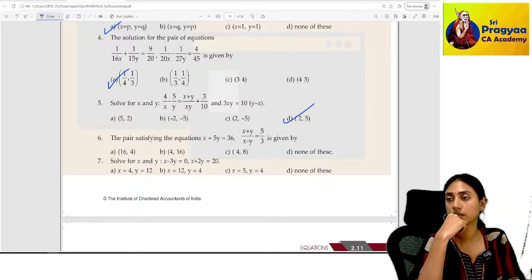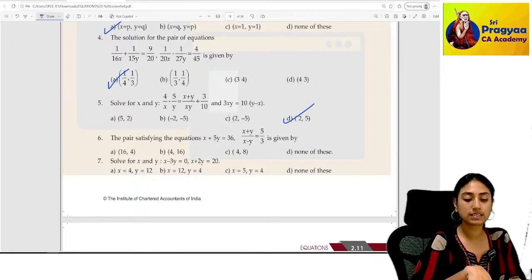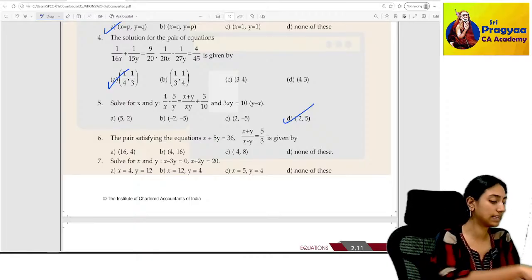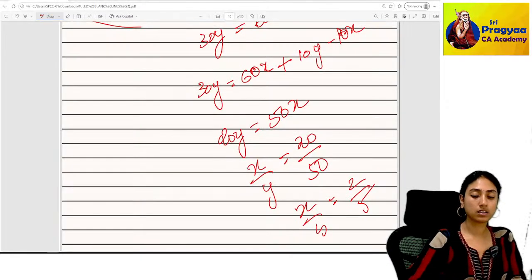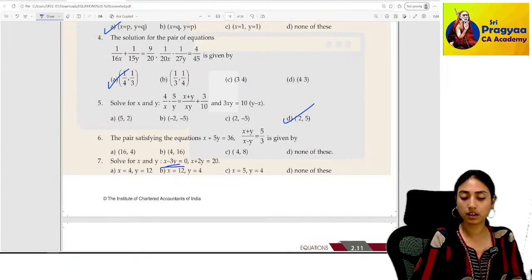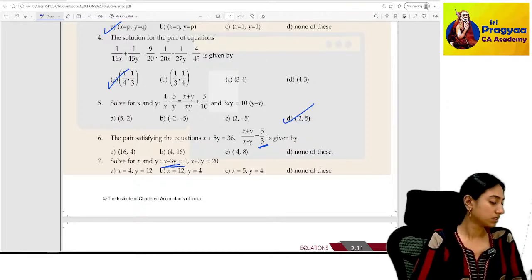A. எப்படி சால்வ் பண்ண? எலிமினேஷன் மெத்தடா, சப்ஸ்டிடியூஷன் மெத்தடா? A 6 and 7 substitution method is better. ஏன்னா உங்களுக்கு ஈக்குவேஷன் வந்து 0 ஆகுது பாரு இங்கே. அதே தான் இங்கேயும் வந்திருக்கும் உனக்கு.